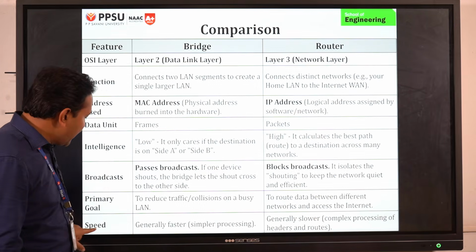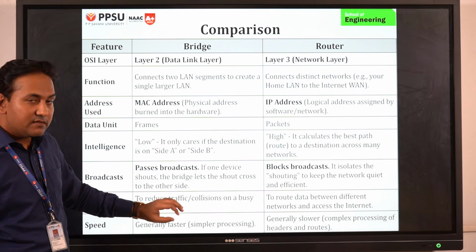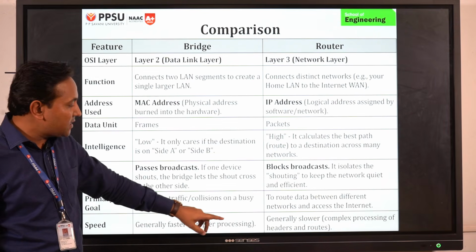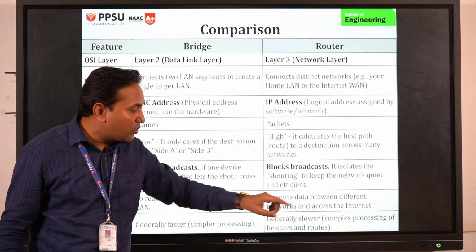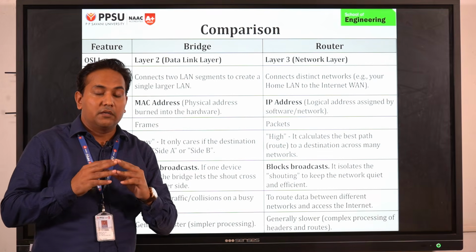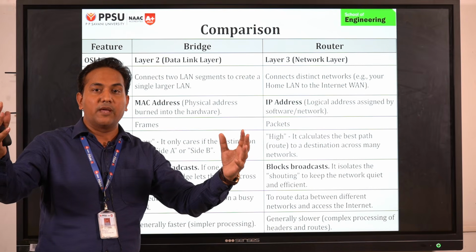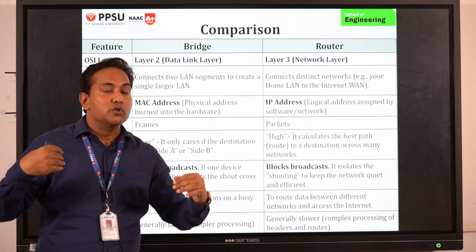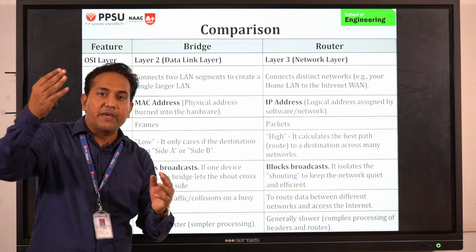Then speed: the bridge is generally faster because of simple processing, and the router is generally slower because of complex processing. For example, if there are 500 routes available from point A to point B, it will go and find the best path.